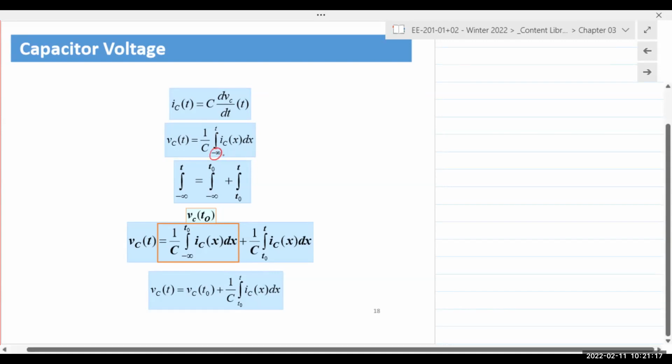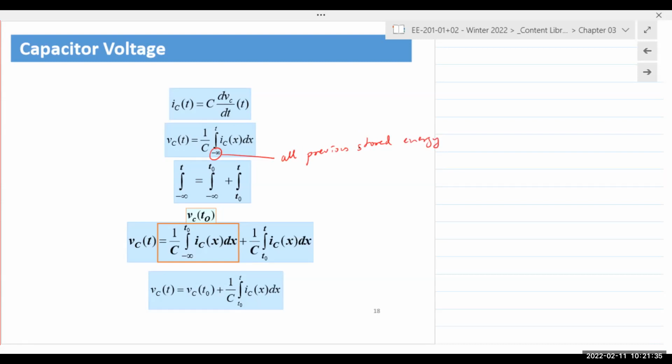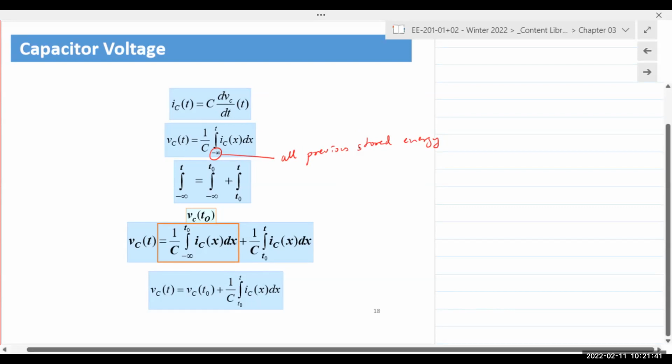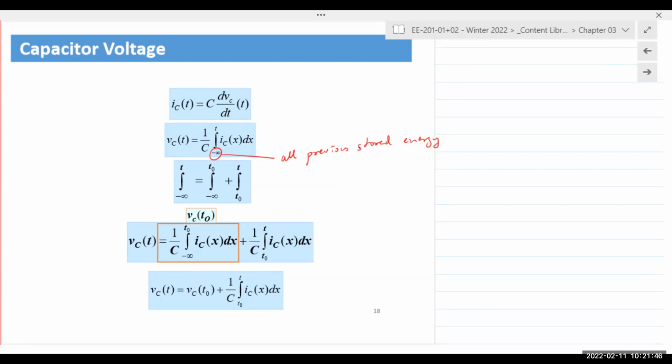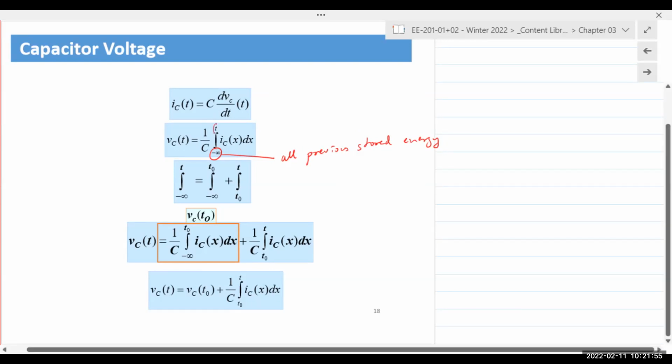Now, minus infinity here simply represents all previously stored energy. Sorry about my writing. All previously stored energy in that inductor, meaning any voltage, sorry, not inductor, capacitor. Any voltage that is already present in that capacitor is being represented by that minus infinity, meaning all the time in the past, all the way up to the point at which we begin our analysis. Not variable, endpoint.